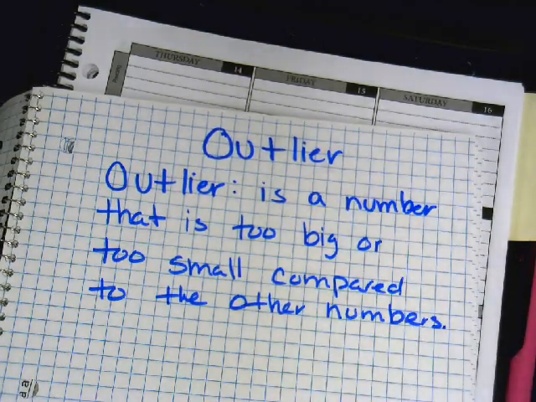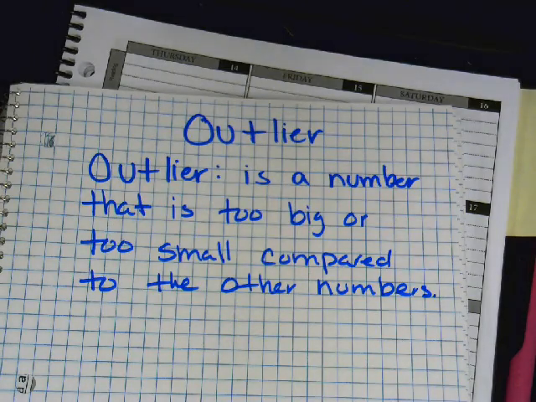Okay? Outlier is a number that is too big or too small compared to all the other numbers.